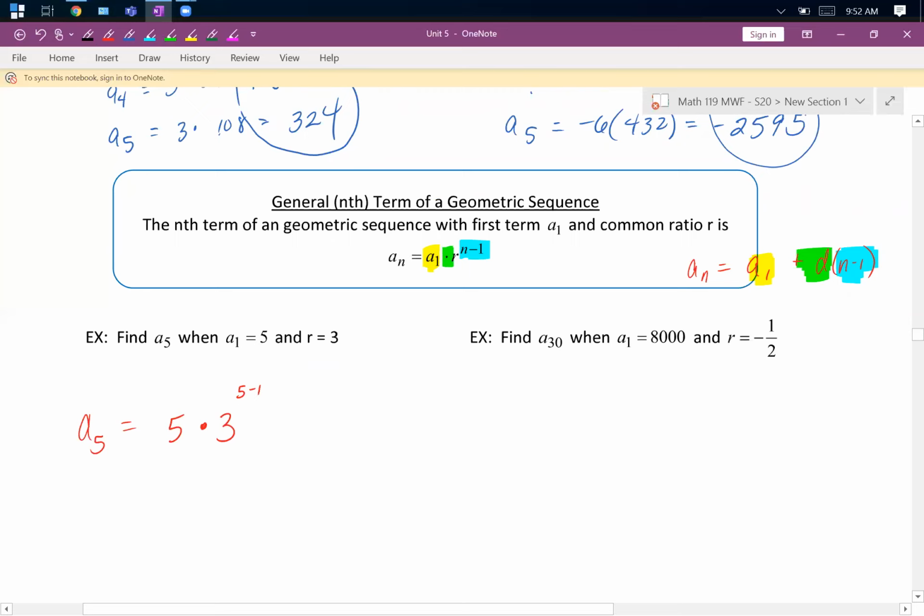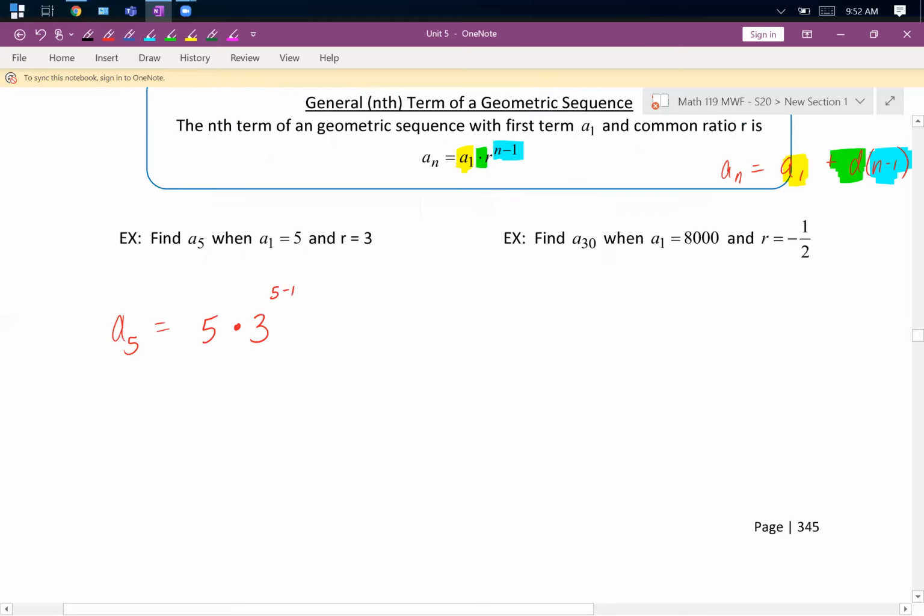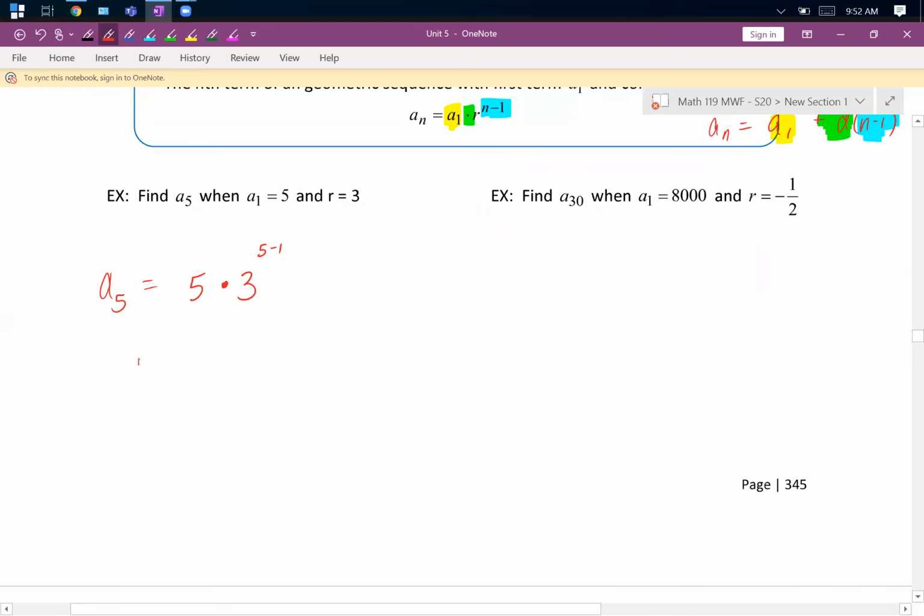We do the n minus 1 because if we're starting with a sub 1 and we don't want to multiply it by anything, we need an exponent of 0 on that common ratio. So n minus 1 is what's going to give us that 0. All right. Anyways, let's pop this in our calculator. I get 405.